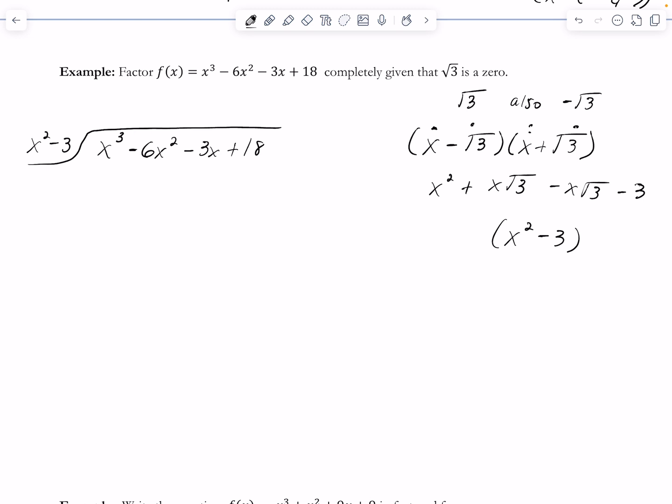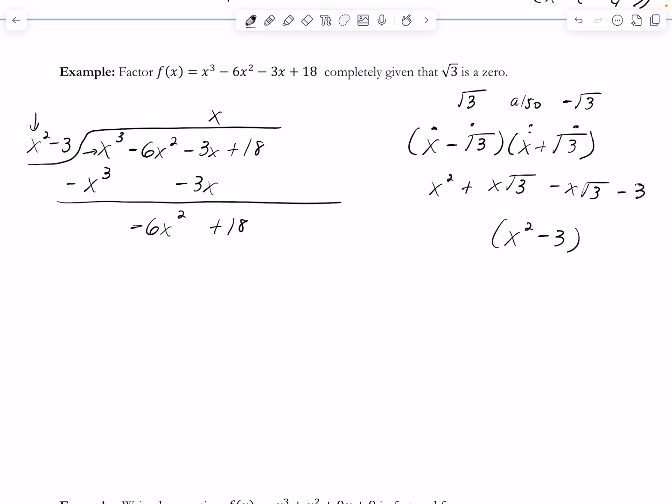So I need to figure out something times x squared that's going to give me x cubed. So that's going to be x, right? x times x squared is x cubed. x times negative 3 is negative 3x. Bring that down. Subtract. All right, and you're going to get the negative 6x squared. That's actually going to be 0, so plus 18.